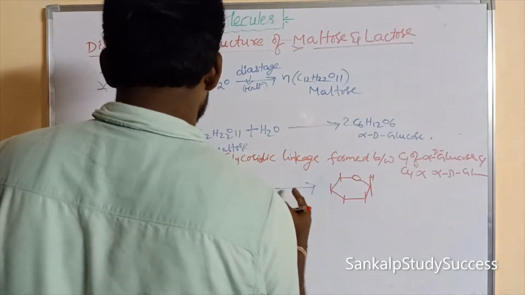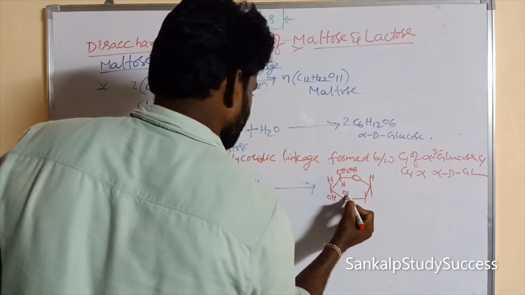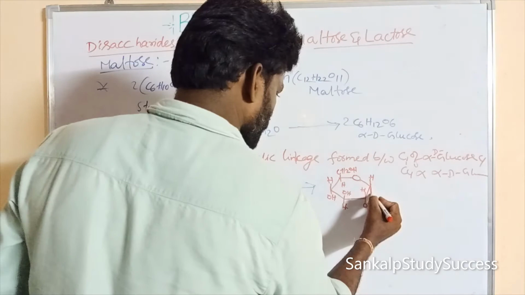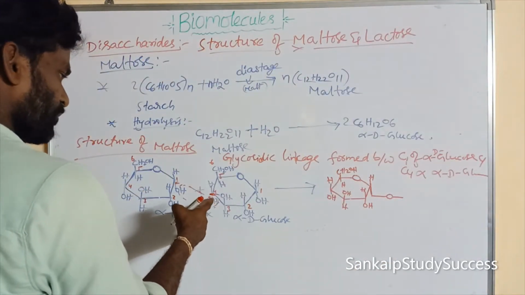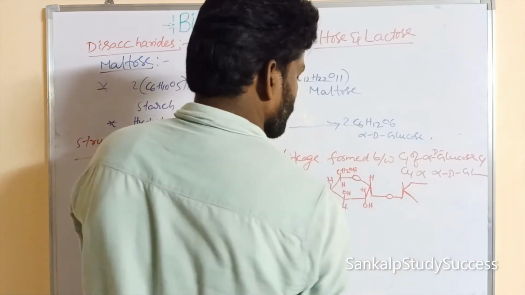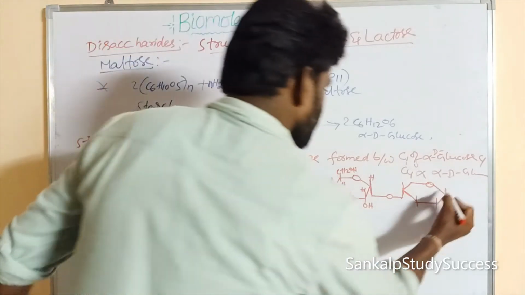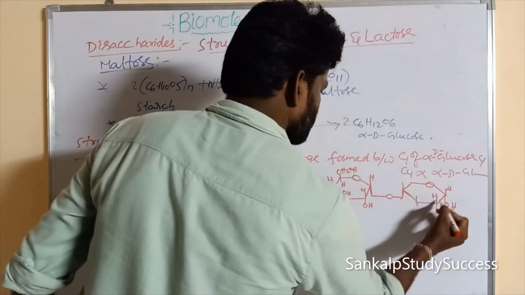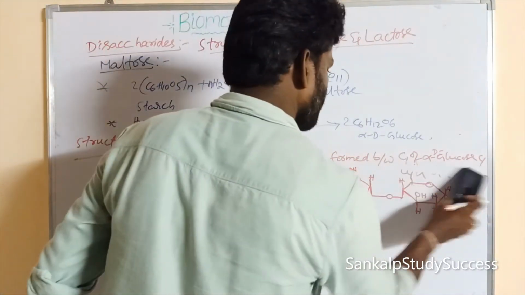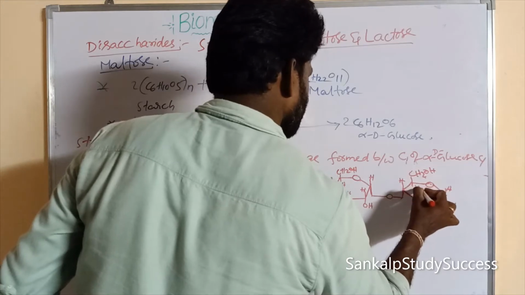This is CH2OH, H, OH, OH, H, OH, H, and this HO, and this OH is removed, and this is linked in this way. Here CH2OH and H.